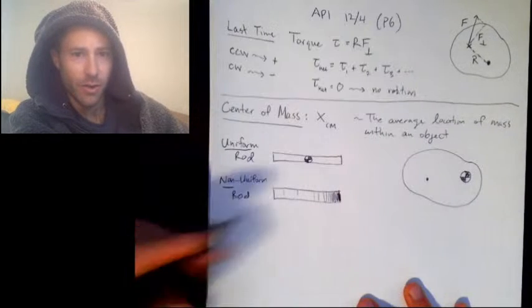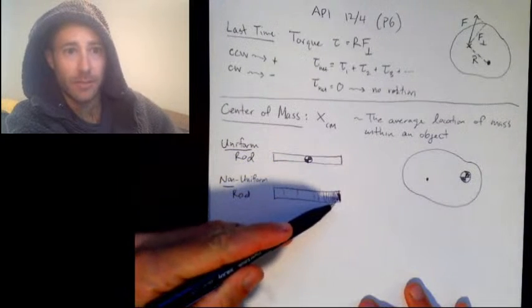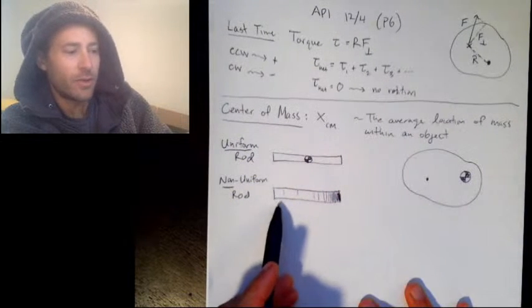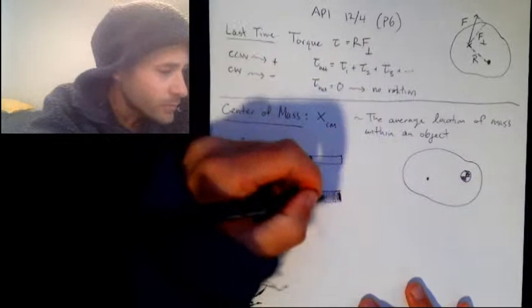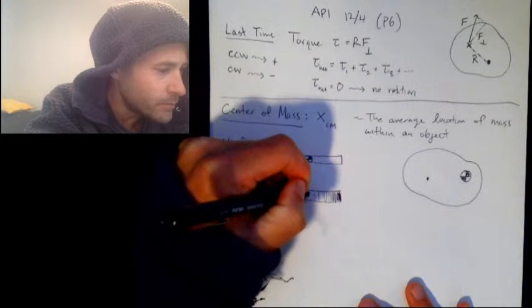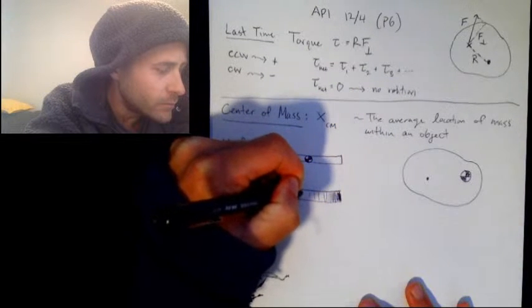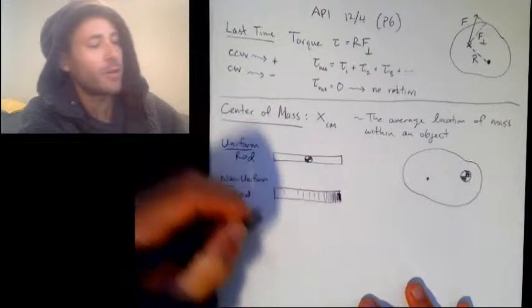Okay, so I'm trying to draw sort of a gradation in the density. So we have less dense over here, more dense over here.